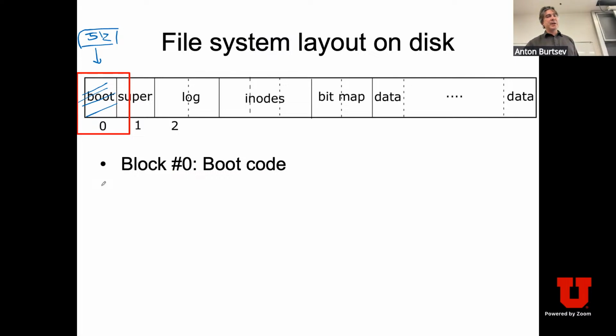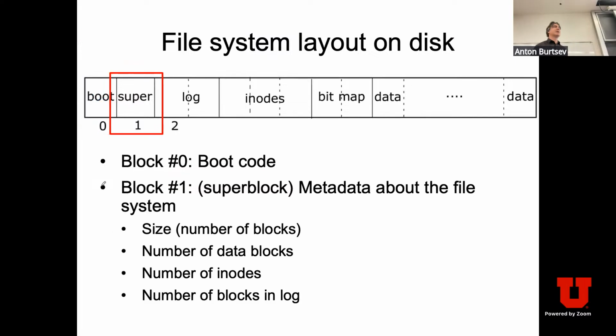Every time I start reading a file system, I need to start somewhere, right? I need to understand how big it is, how many inodes, where is the data area. So each file system will have this metadata block, which is called a super block, right? Essentially, the super block contains information about all of these other areas, and roughly speaking, their sizes.